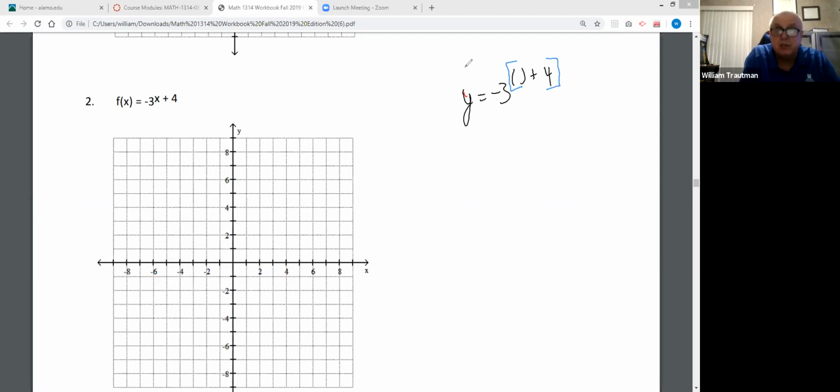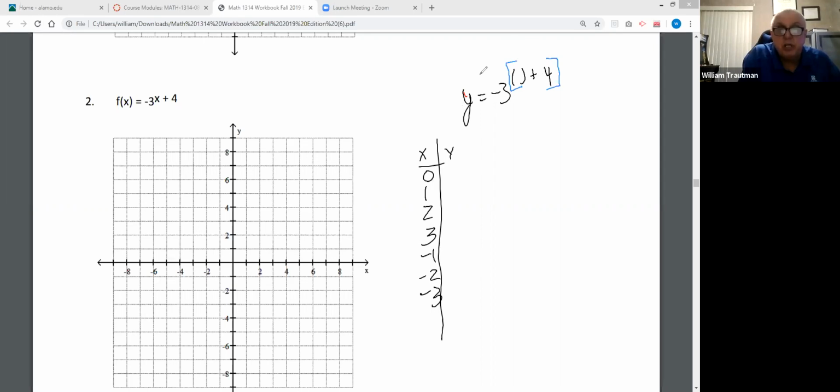So that is the power. So I'm going to do the same thing I did before. I started with 0, then I went to 1, 2, 3. I did some negative numbers. And we'll see if we're able to do this. I think we might need some more numbers, but let's see what happens.